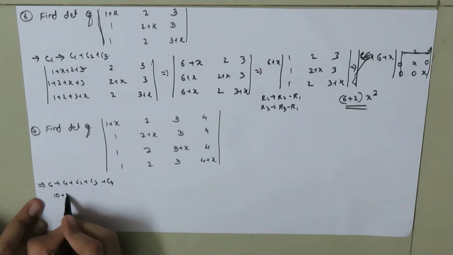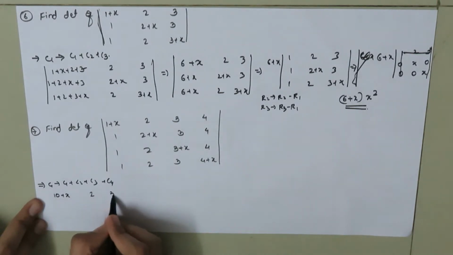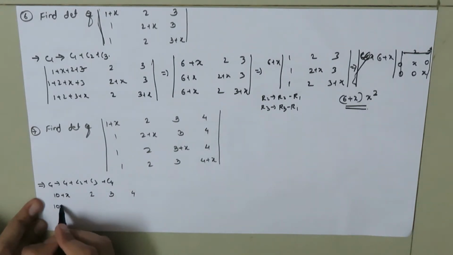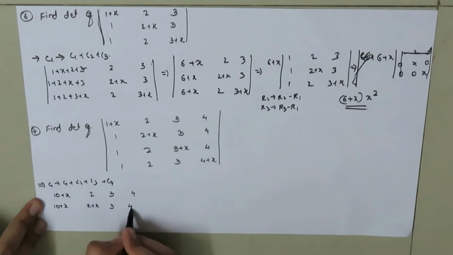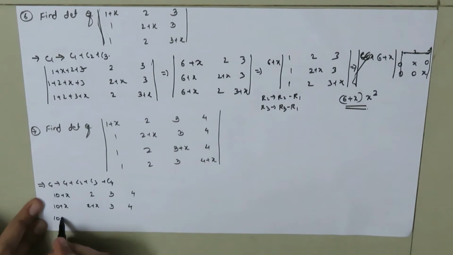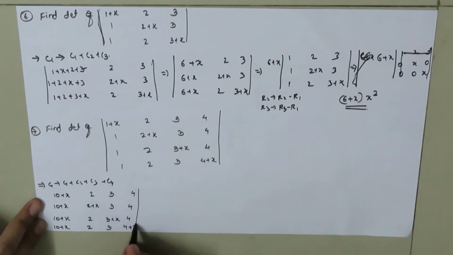So this will be 10 plus x, 2, 3, 4. Here we will get 10 plus x, 2 plus x, 3 and 4. Here we'll get 10 plus x, 2 and 3 plus x, and 4. And here we'll get 10 plus x, 2, 3 and 4 plus x.